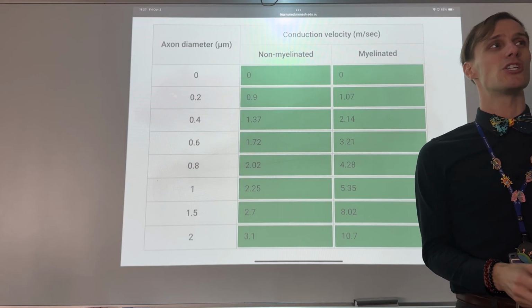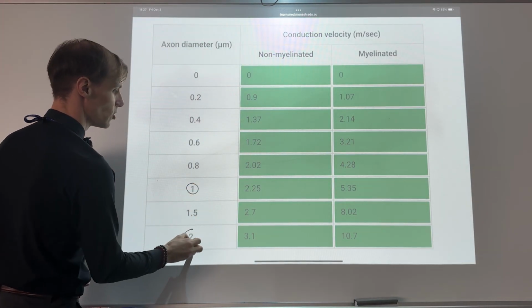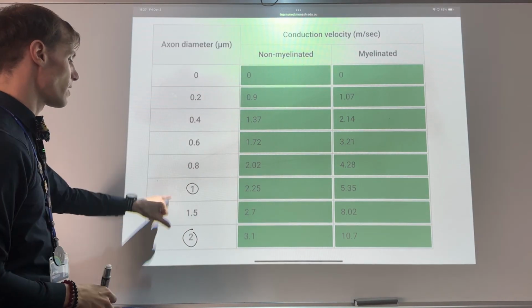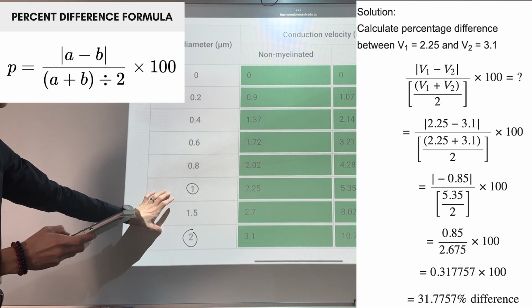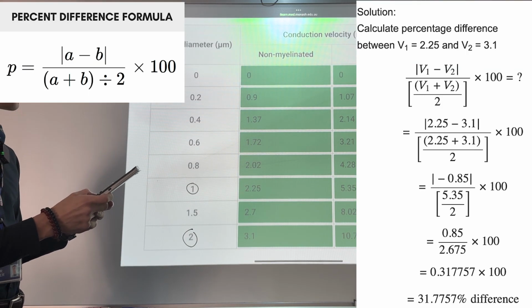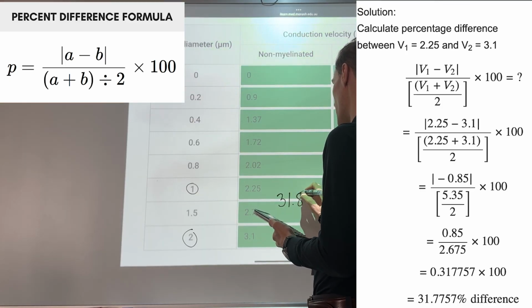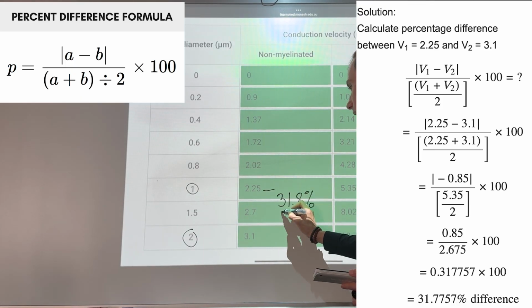What is the percentage difference from a diameter of 1 to 2 for non-myelinated, and what is the percentage difference between 1 and 2 for myelinated? If I want to find the percent difference here, that's 2.25 minus 3.1 divided by the average of 2.25 and 3.1. That's a 31.8% difference between 1 and 2.